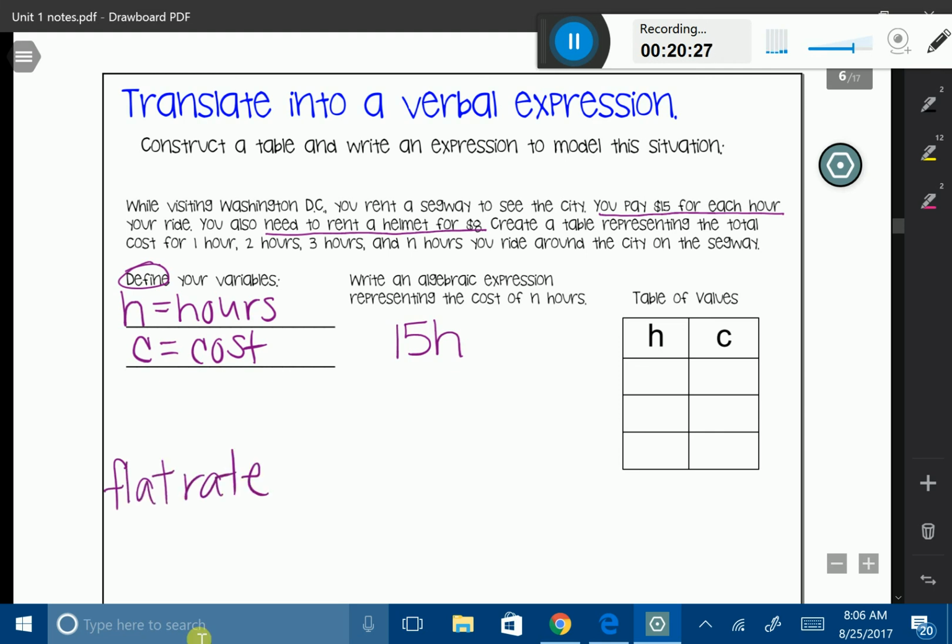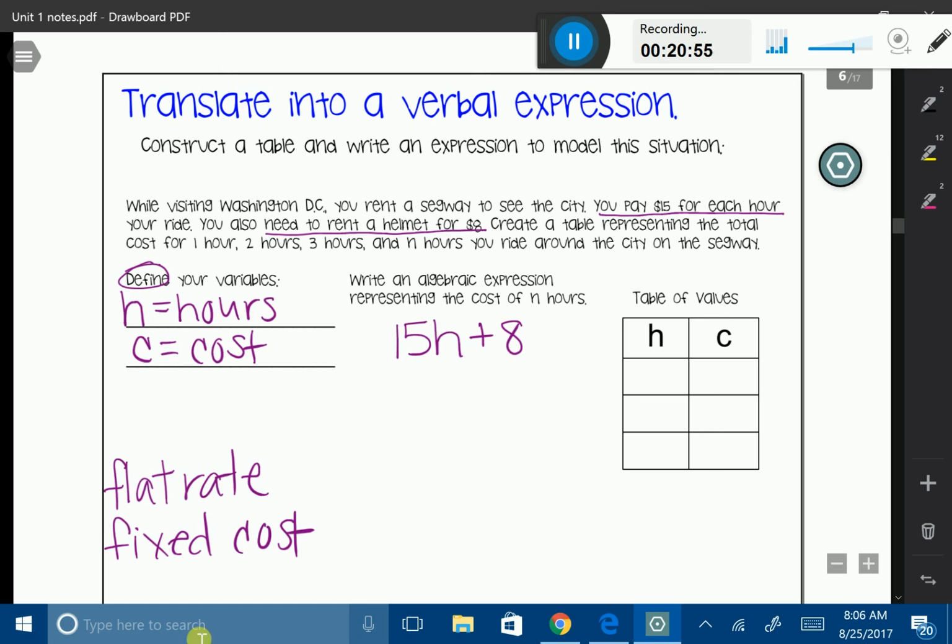Or sometimes, in the economic world, this is called a fixed cost. So it's something that you're going to pay once, and it's just done. So basically what I'm going to do is go ahead and add $8. So what that means is every hour that I ride my Segway, it's going to go up in price. But I'm always going to pay that constant $8.